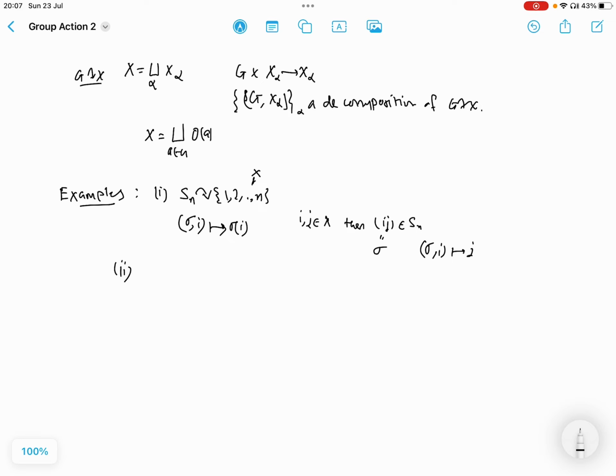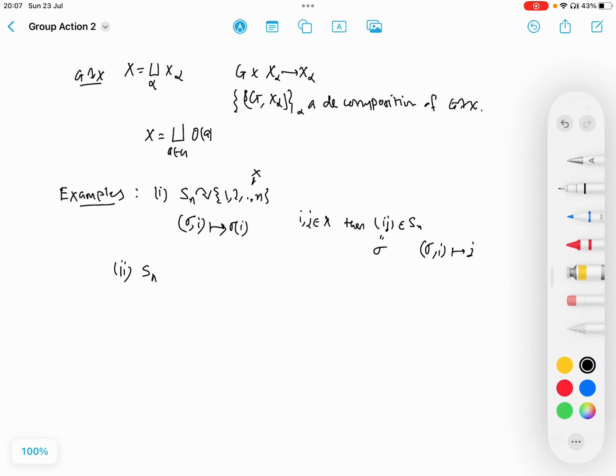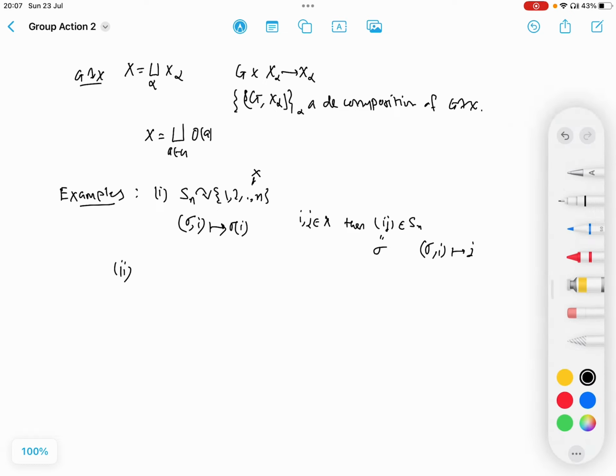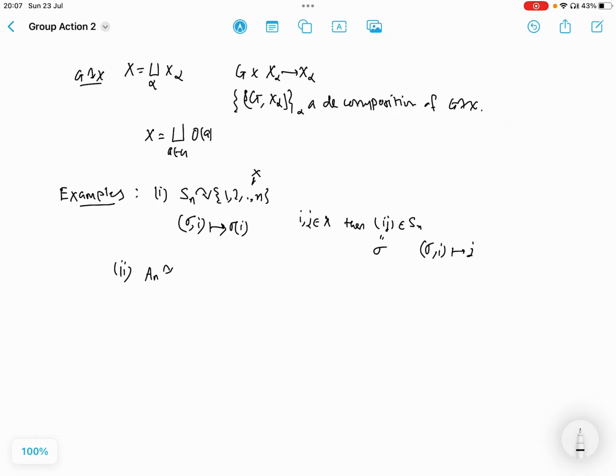Now consider the subgroup of all even permutations, that is A_n, and consider the same action, A_n acting on the set of n elements 1 up to n by again sigma and i goes to sigma of i. Now what about this action? See, firstly, here n is at least 3, because for n equal to 2 that is obvious, there are only two elements, 1 and 2.